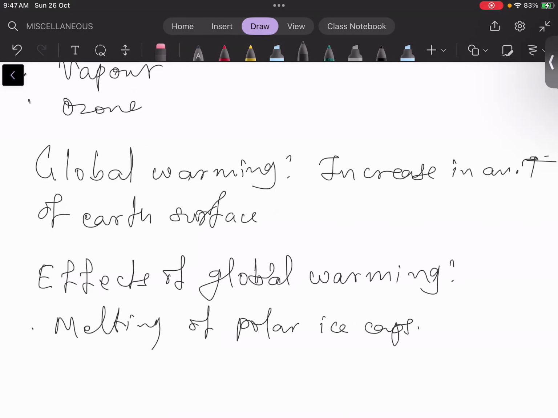Second, the upper part of the atmosphere has become cooler due to reduced passage of long wave radiation, and it leads to shrinking of atmosphere.